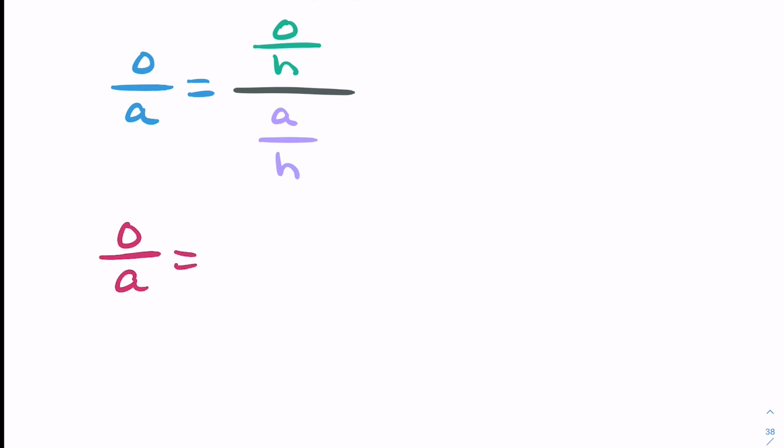So we'll do O over A equals O over H times, instead of division, and this is going to flip. So it's going to be H over A. You know what? Let me do it in the same colors.